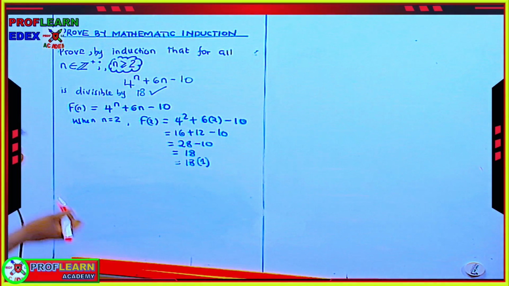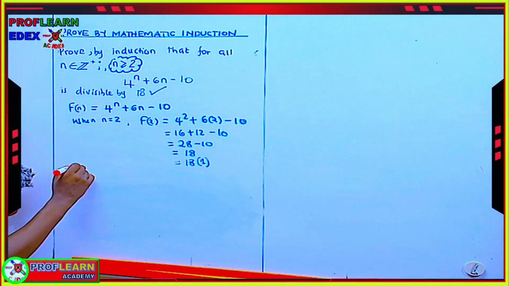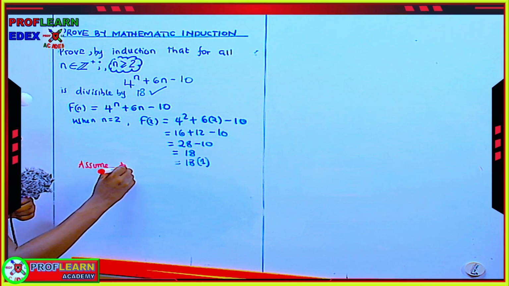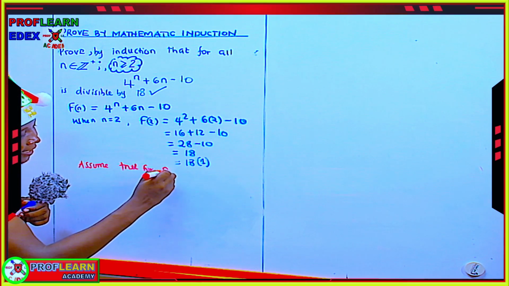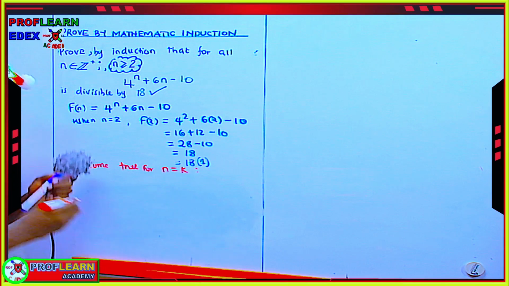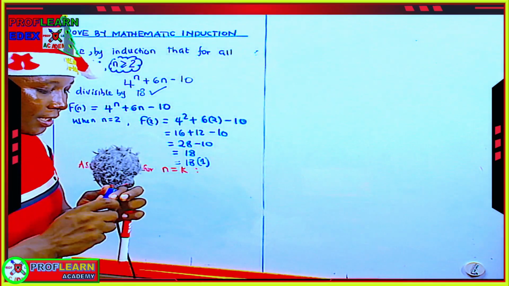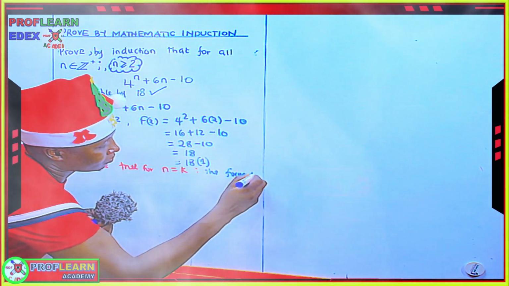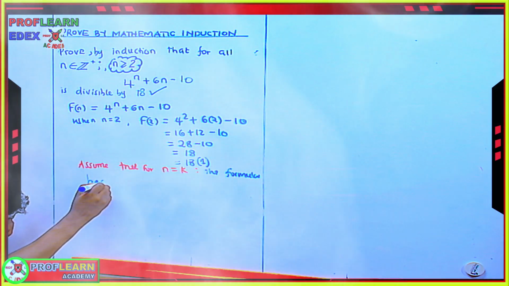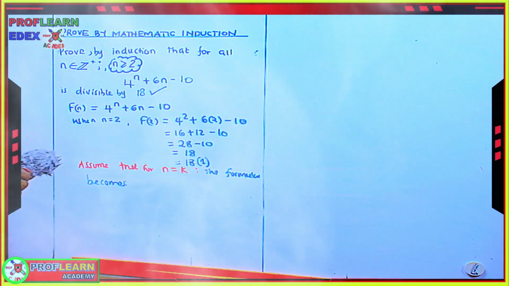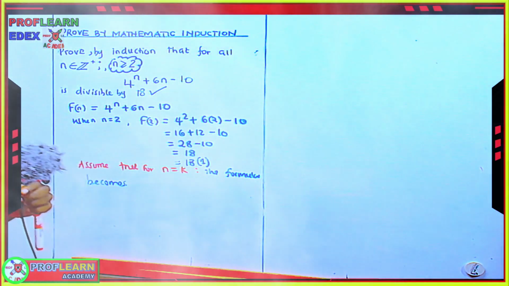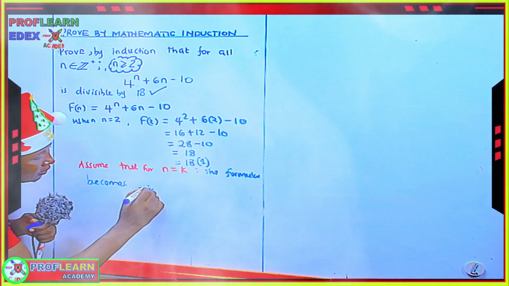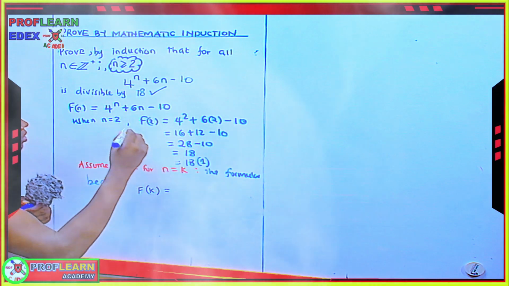Now, this second step is what we call the assumption step. So we're going to say assume it's true for n equals to k. Then we're going to say the formula becomes, what does the formula become? Of course, the formula that we are having here becomes f of k.